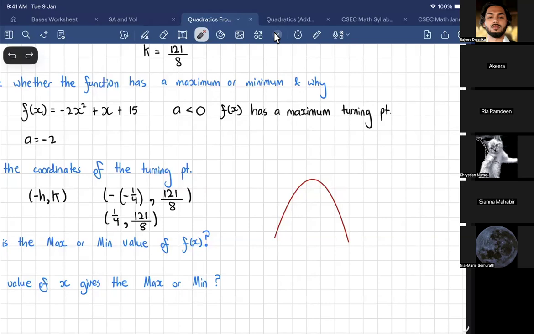That statement is kind of bad because for a curve, the gradient is always changing. But what I mean is the sign of the gradient. Let me explain. Ria, over here your gradient is positive, and over here your gradient is negative. So this was the turning point, the point at which the gradient changed direction. Ria, are you confused or do you understand that?